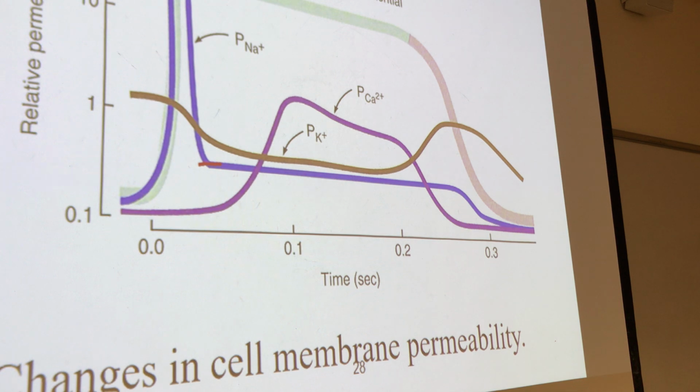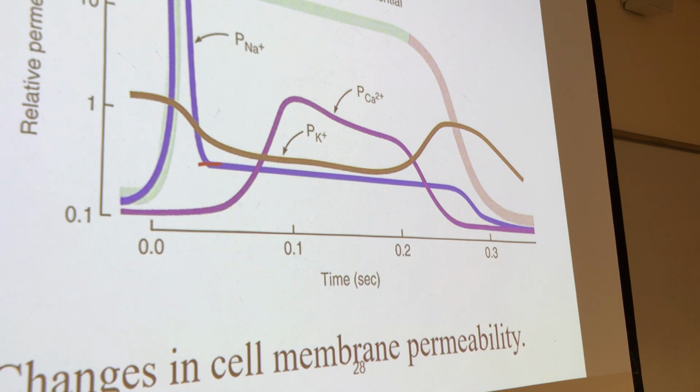Then you see the plateau phase right here. Right? Well, it can't be from sodium because look at how far sodium falls immediately. So it's not sodium causing that plateau phase, because the permeability for sodium just drops off. So what's causing this plateau? Calcium.